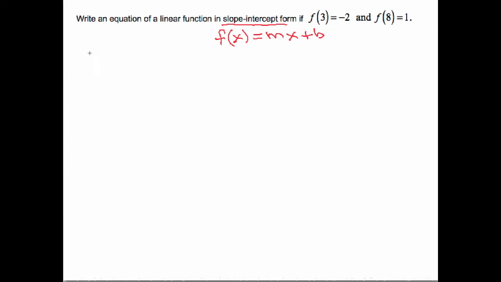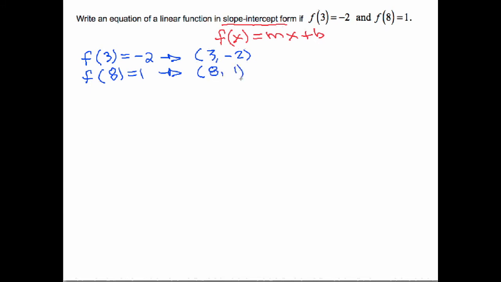To find the slope, I'm going to take the information we're given, f of 3 equals negative 2 and f of 8 is equal to 1, and write each of these so I can see the coordinate pairs. If f of 3 equals negative 2, the coordinate pair is (3, -2). And if f of 8 equals 1, the coordinate pair is (8, 1).